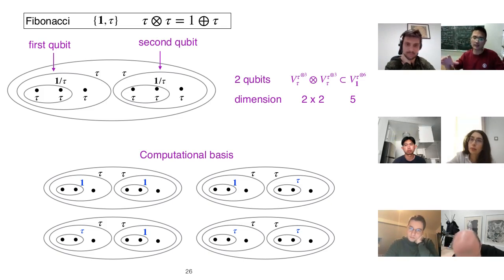Like in TQC, that's the topological protection from the topological phases. And in standard fault-tolerant quantum computation, at least some of the error correcting codes arise from the topological phases.